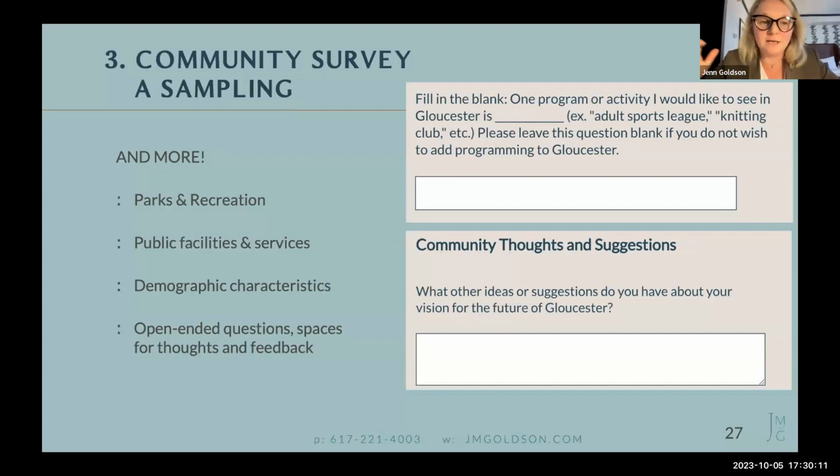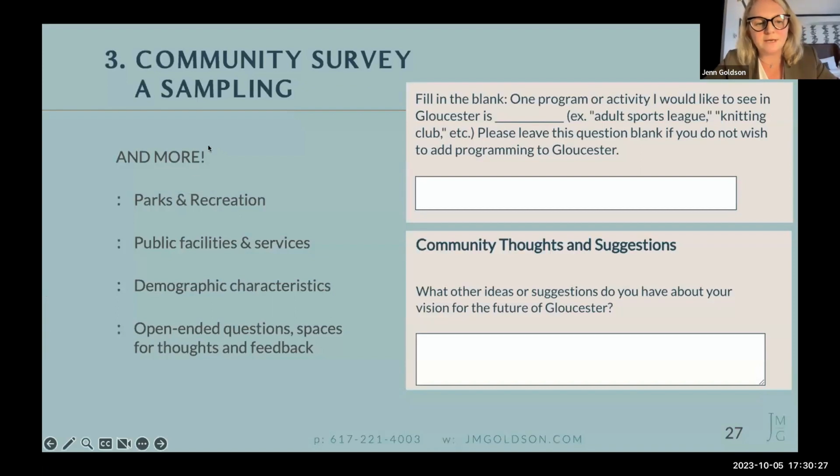If we know that one neighborhood is not being well represented in the survey for whatever reason, we can try to push the survey link out to that neighborhood more, but we can also try to organize meeting in a box in that neighborhood, or we can also use some of the other tools.